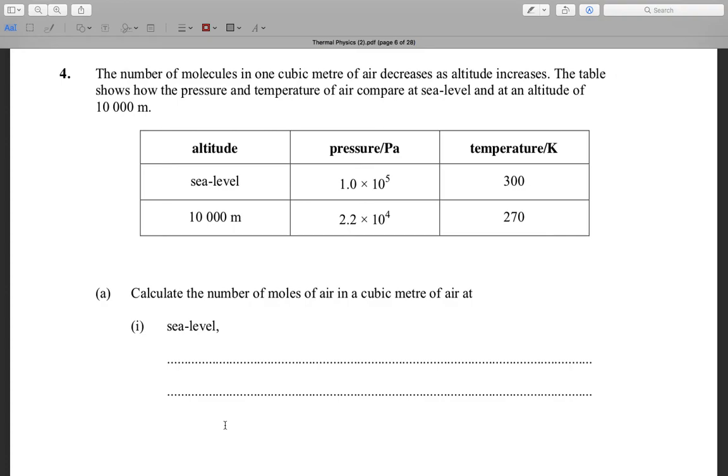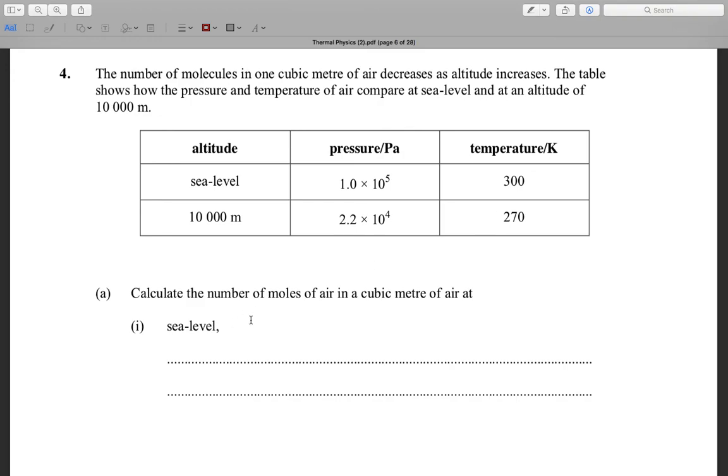At sea level the pressure is 1 times 10 power 5 Pascal and the temperature is 300 Kelvin. At 10,000 meter the pressure decreases to 2.2 times 10 power 4, and the temperature is 270 Kelvin.